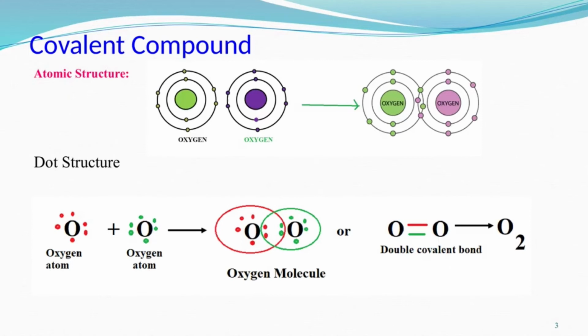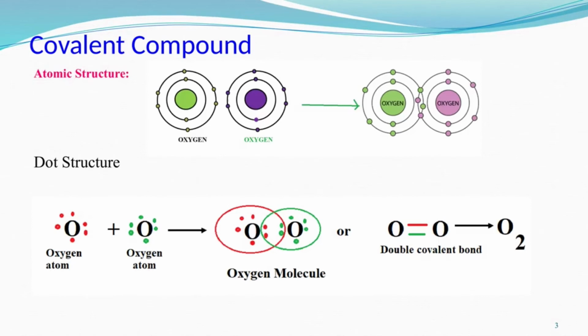O double dash O, where O represents the oxygen atom and the two lines show the double covalent bond, forms the oxygen molecule. This oxygen molecule is an example of a non-polar covalent bond because they share electrons equally; their electronegativity is equal. Both of them have an equal tendency to attract electrons.